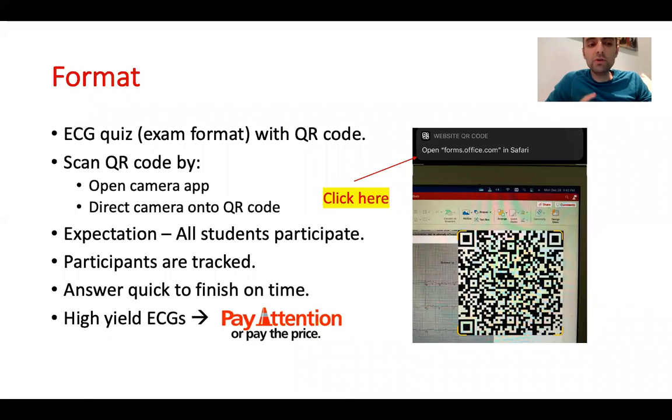Okay, so this is a new format. You will see there are a couple of cases. Each case has an ECG. You have to open your phone and direct the camera on the QR code next to the ECG. Then you will see a link that says openforms.office.com.